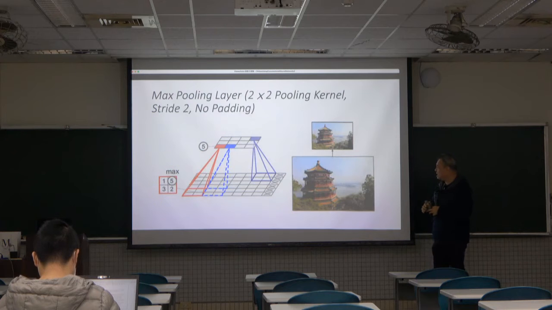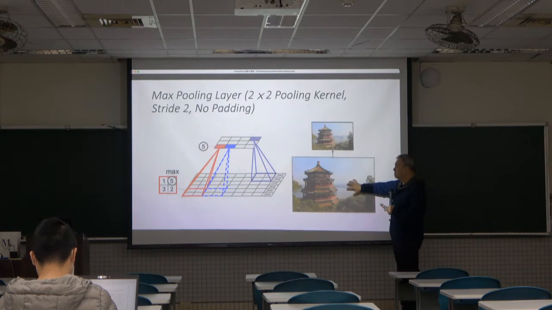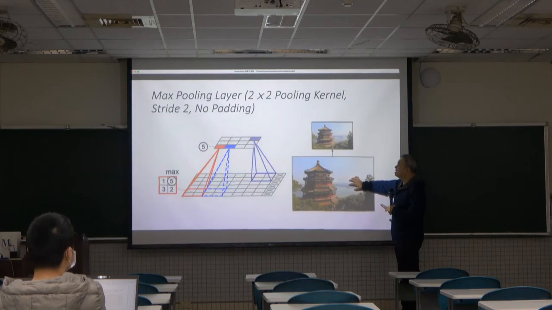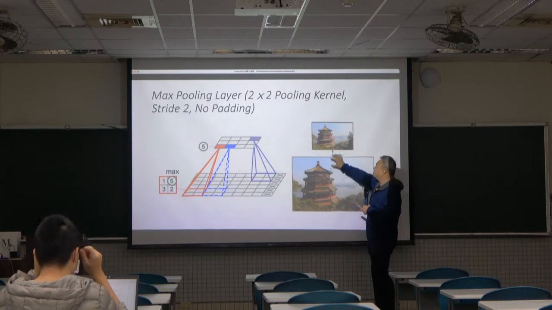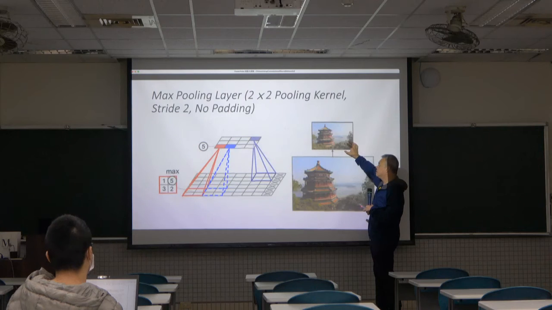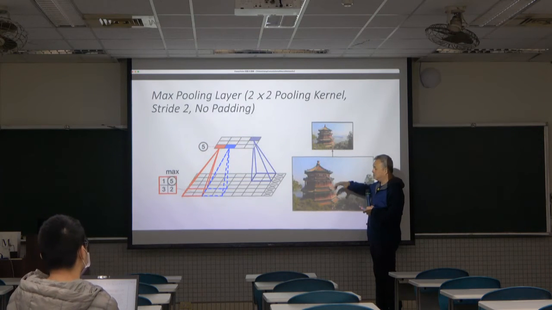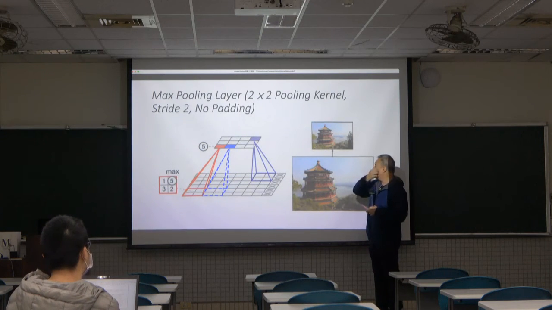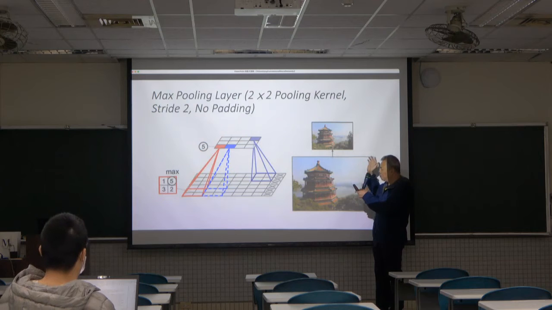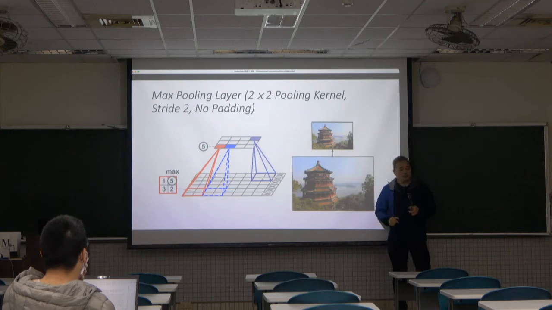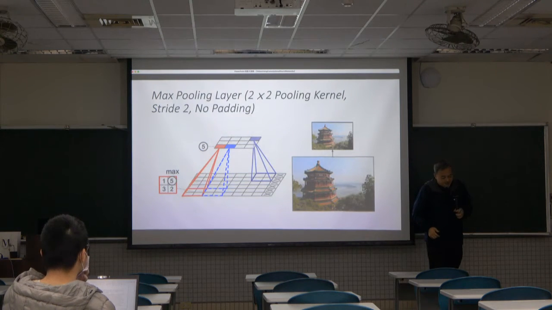And you can see that if this is the original image, then max pooling reduces this image to this size. Looking at this example, the height and the width both get reduced by half, right?